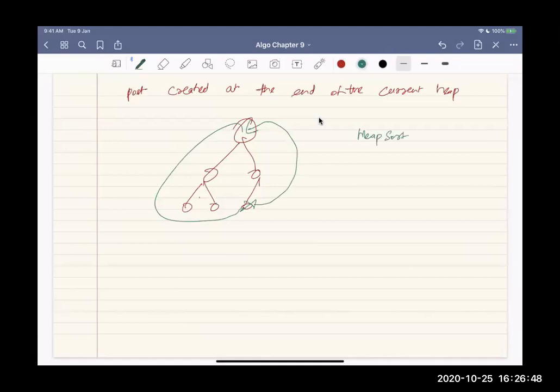So you have make heap, that will take order n time. And you do delete max, that is order log n for a heap of size n. So this you will have to do for m equal to 1 to n.